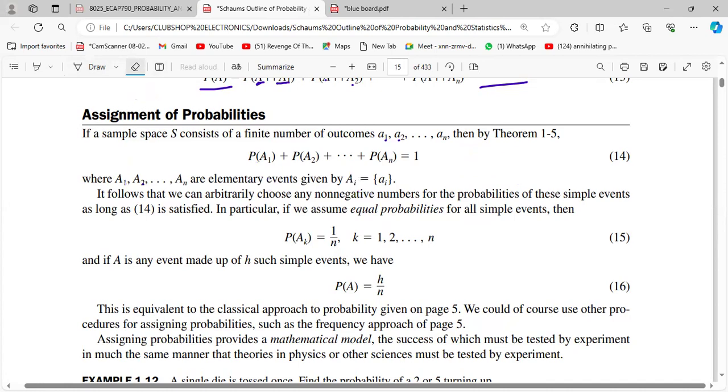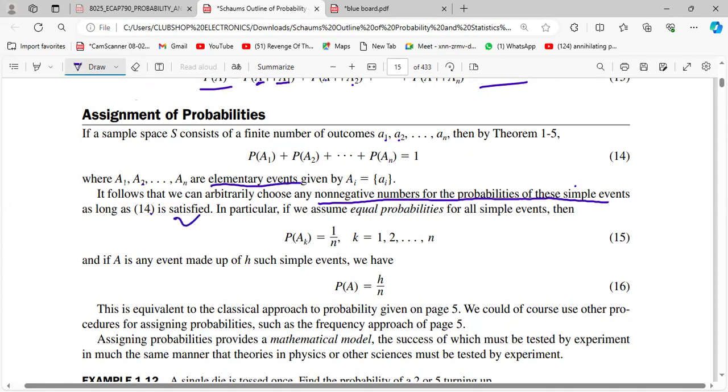So what are we saying? It follows that we can arbitrarily choose any non-negative numbers for the probability of these simple events. Simple events and elementary events are one and the same, as long as equation 14 is satisfied.